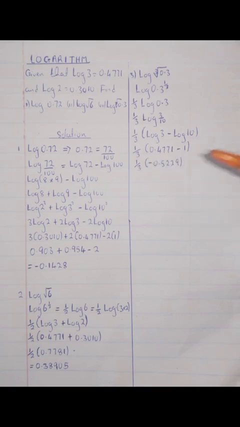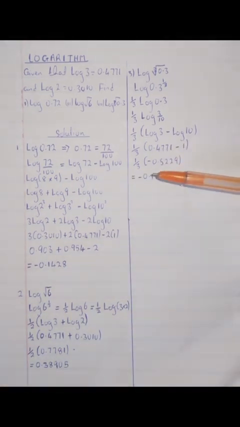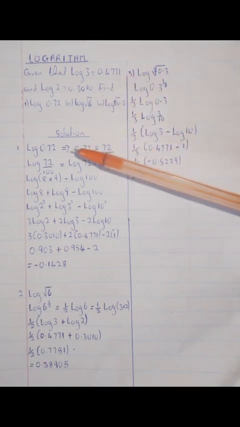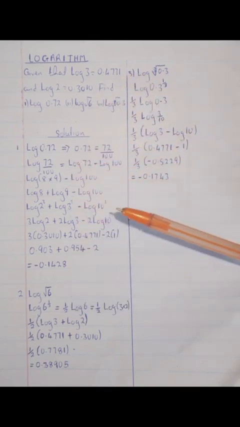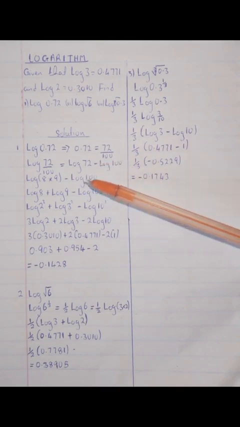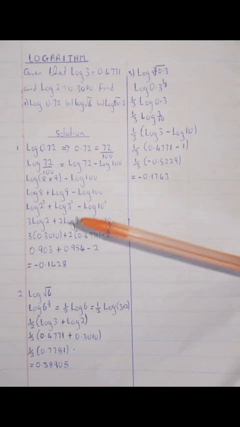So 0.3 times minus 0.5229 gives us minus 0.1743. So this is our final answer. You can see these things are really easy to solve. You just have to follow them step by step, neatly like this, and you'll be able to arrive at the correct answer.